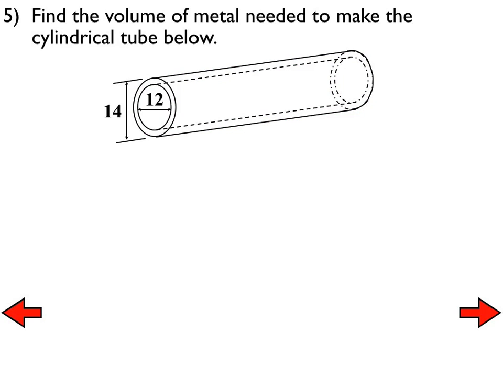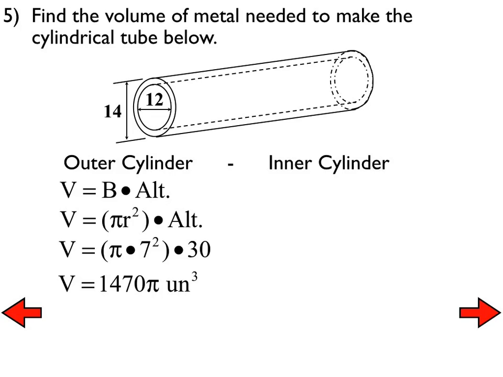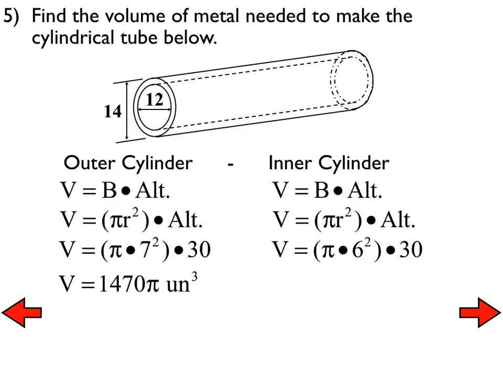So let's go through this. And I'm going to leave things in terms of pi. So it'll be the outer cylinder, take away the inner cylinder since it's cut out. The outer cylinder has a volume of 1470 pi. Once again, I'm leaving it in terms of pi until the end. The inner cylinder has a volume of 1080 pi.